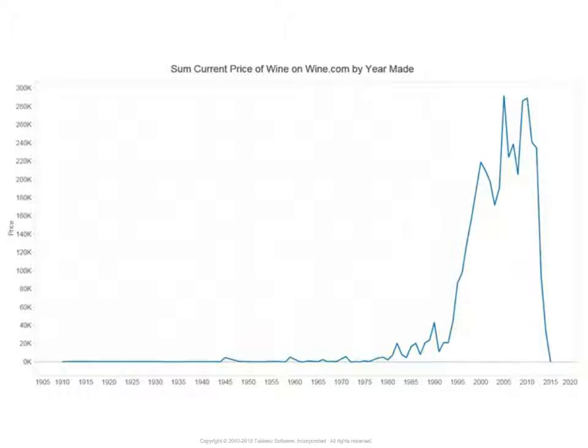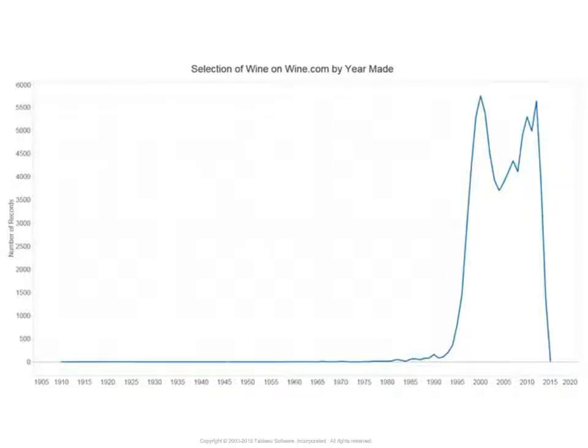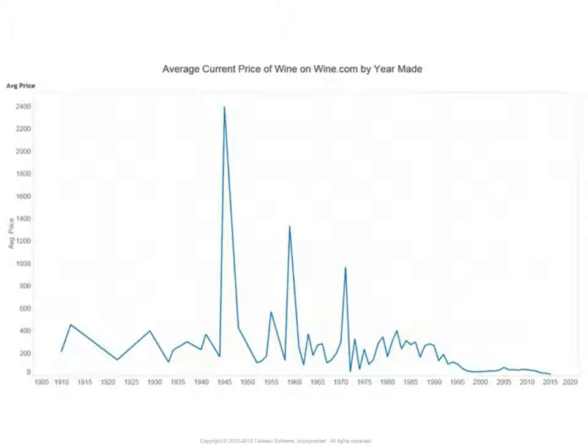Instead, what I should have done is just counted the number of wines on wine.com, which is this view that you can see here. It basically looks the same as the sum view, but in fact it represents just the different types of wines by age that wine.com had on the site. You can also see here the average price of wine with these amazing spikes.